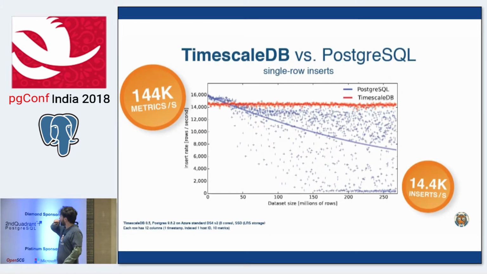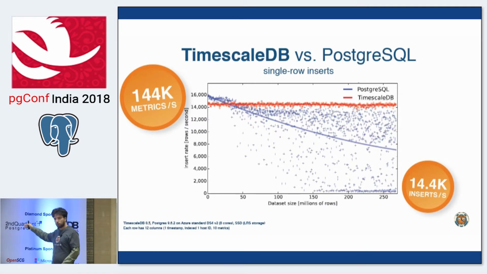So the performance benefits. This is the graph I showed you before with plain Postgres in blue falling off a cliff in performance. Timescale here is in red. And so this kind of partitioning actually works to keep your performance consistent.